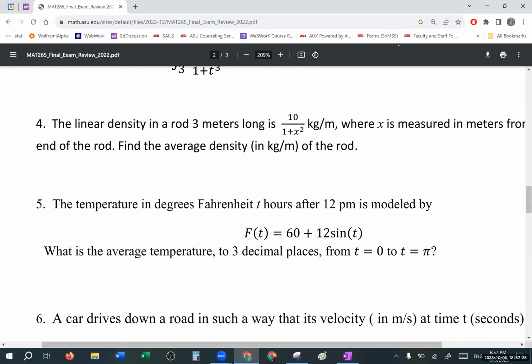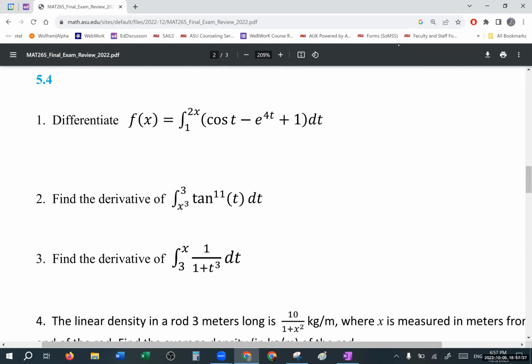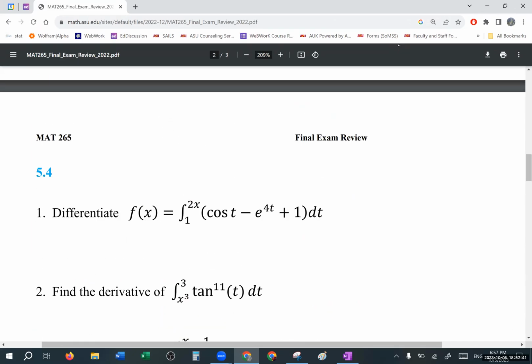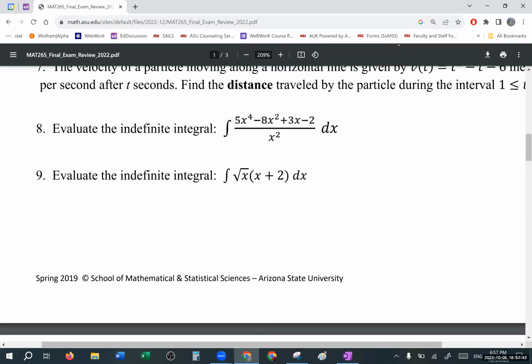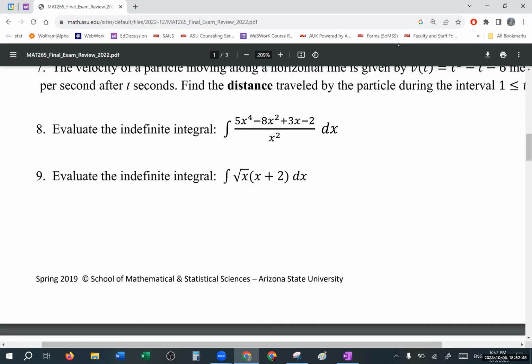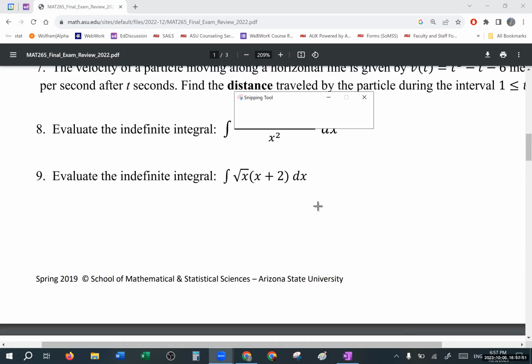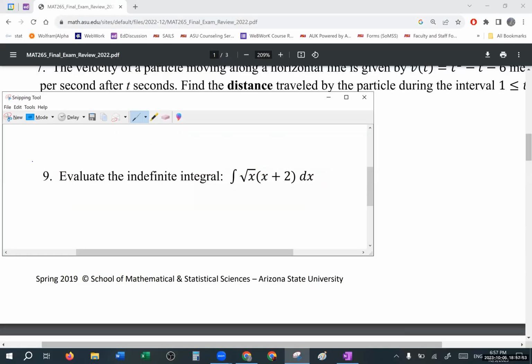Oh, well, I need to find it. 5.4, number 6. Oh, there was this one, number 9. Okay, let's do this one. It's in my notes, so let's show. Okay. Number 9, and we're almost done. Check it out. But we can go back to the next main stuff.